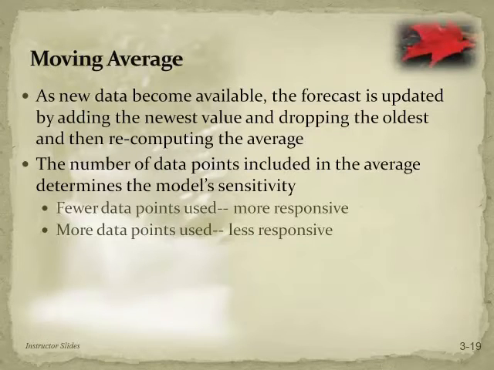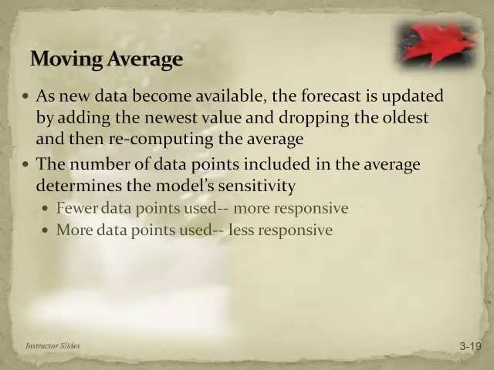So we're going to drop the oldest data, then add the newest data and recalculate. Now, we said that we need to have a minimum of 2 data points to average, and there's no maximum number.